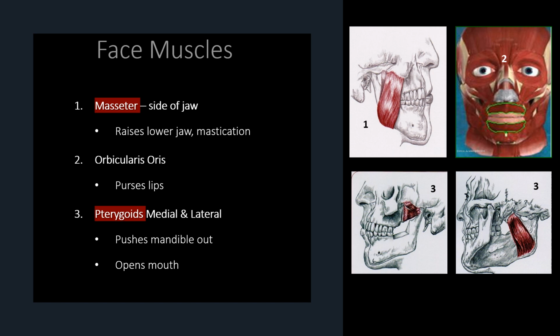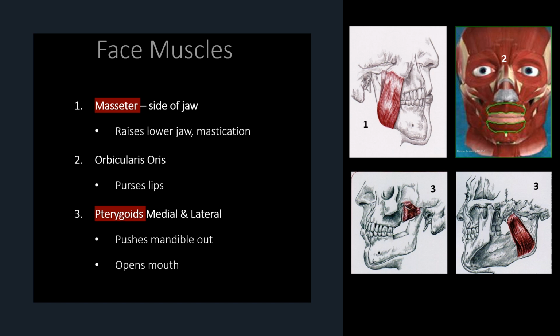Then we have the orbicularis oris, and again that does exactly what's written on the tin. It's an orb, it's a circle, and it goes around the mouth. Oris or oral always refers to the mouth. So if you take tablets orally, then you're going to put it in your mouth. So anything that you put in your mouth is oral, and your mouth is known as oris.